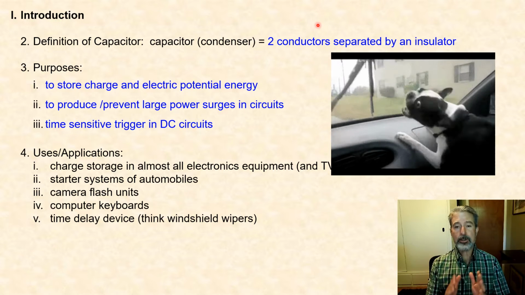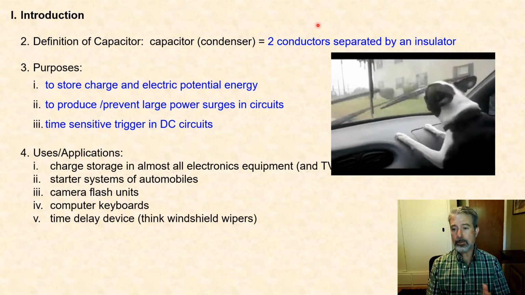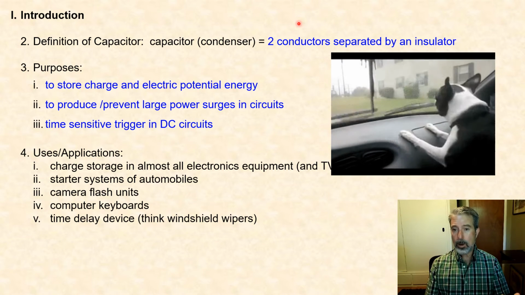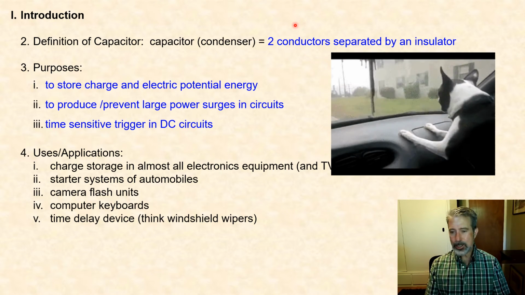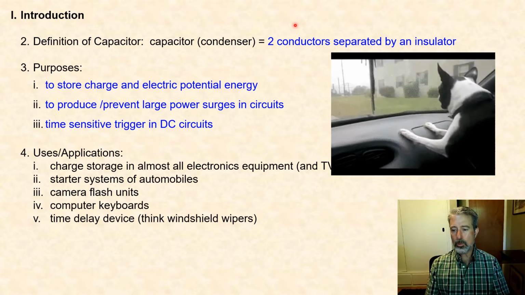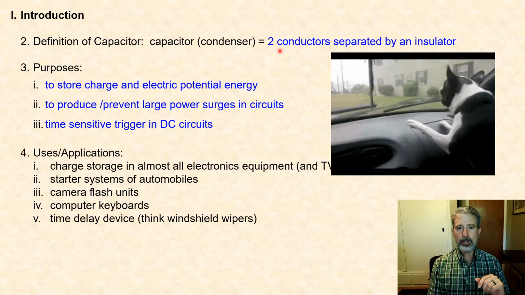When that capacitor reaches a certain amount of charge, it can discharge. That can activate the wiper blades, which actually require quite a bit of power to be activated. The capacitor discharges, and it takes time to charge up again before the blades can be activated once again. We'll take a look at that specific circuit later on in the course.